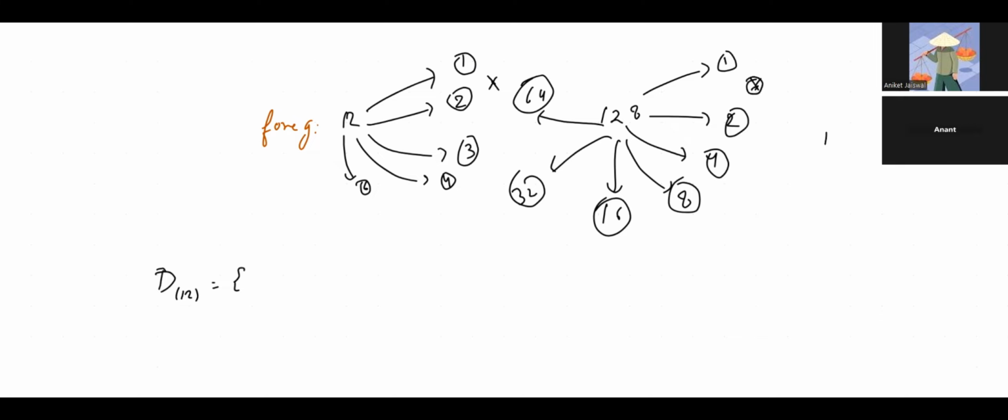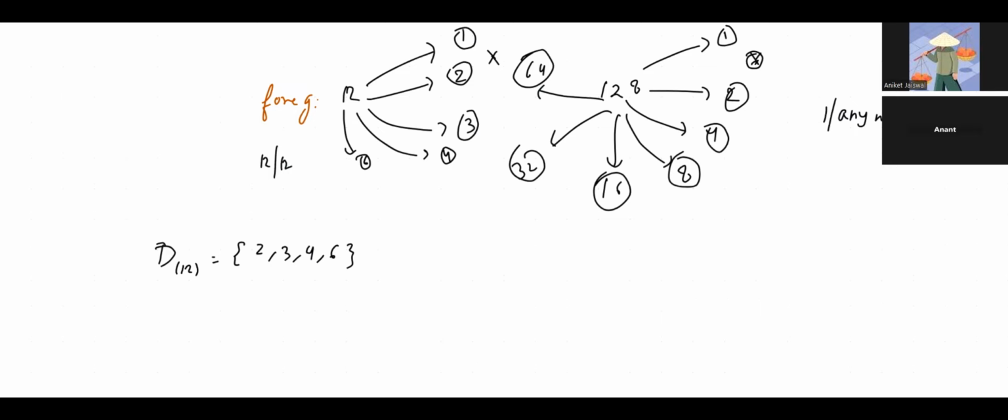So it's 2, 3, 4, 6. 12 divides 12, but we are not taking that case. D of 128 is 2, 4, 8, 16, 32, 64. Got it?